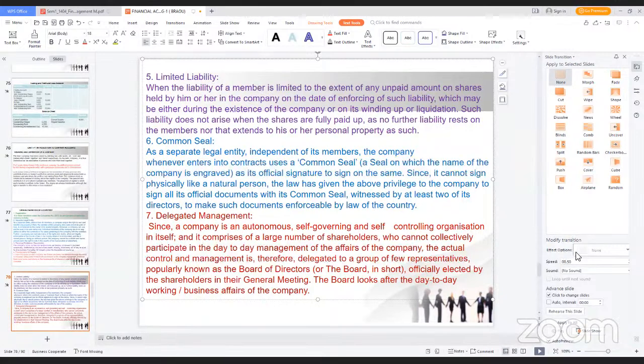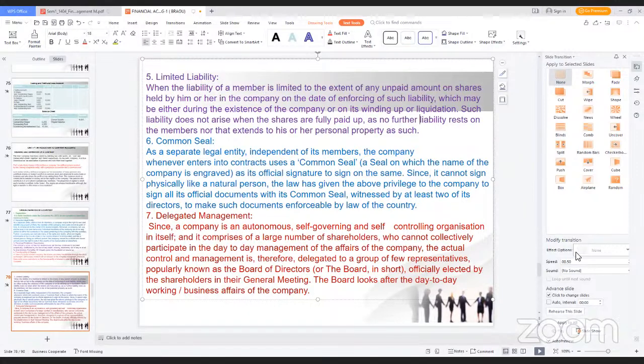So it is a fully or a guarantee, means at the time of the winding up, they can take up the whole liability, or only the amount which they have invested, only that amount of liability. So such restrictions are given for the rest of the members, not to the extent of his or her personal property.